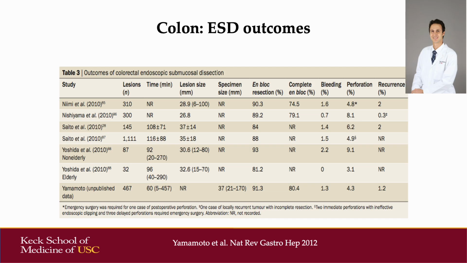And we see a relatively low rate of bleeding, a very, very low rate of recurrence. However, we do see modest rates of perforation ranging anywhere from about 3% to 9%, keeping in mind that these tend to be small perforations and generally do not require surgery and can be usually repaired easily with clips.